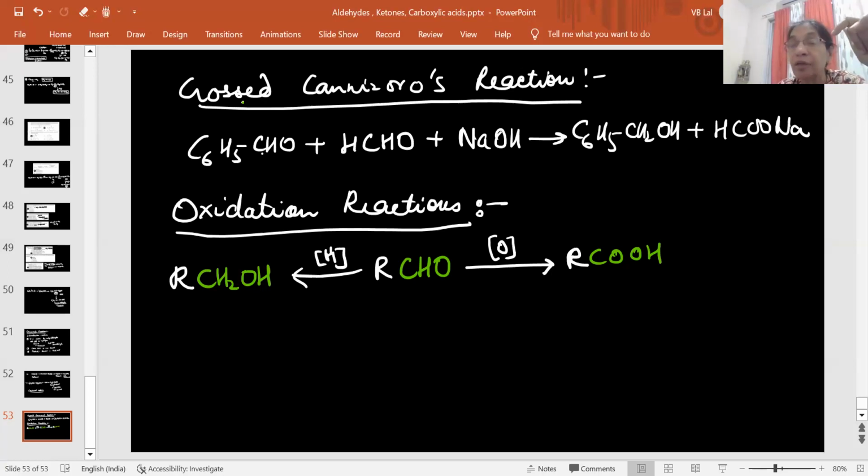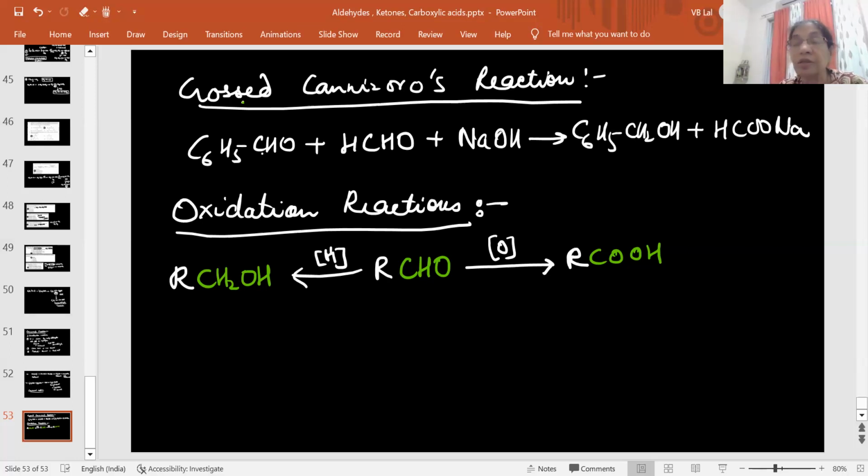If you go backwards from aldehydes, you get alcohols, and if you go forward from aldehydes, you get acids. So you have to remember this combination. Now we are talking of oxidation reactions. Remember, these aldehydes get oxidized very easily into acids. But remember, the number of carbon atoms remains the same.